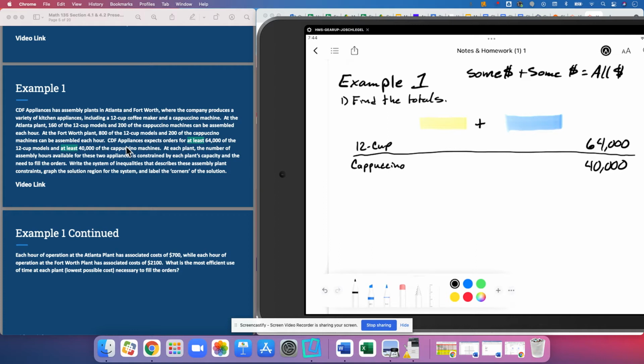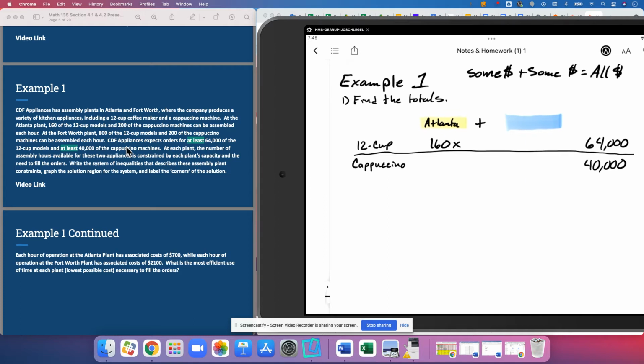So let's read again. I'll just start at the Atlanta plant. 160 12-cup and 200 cappuccino can be assembled each hour. So my Atlanta is going to go there. I can make 160 12-cup models. And we need a variable here, so we're going to call Atlanta our X variable. And we need 200 cappuccino machines. We're still in Atlanta, so we are still going to use the X variable.